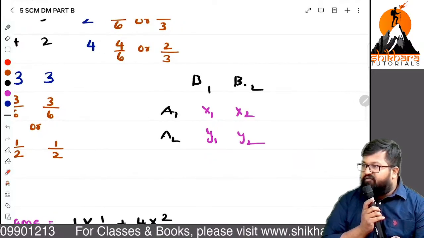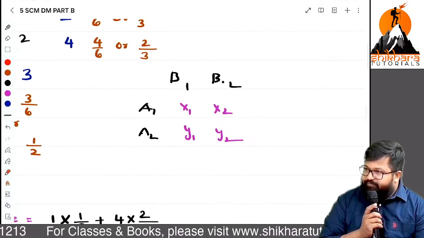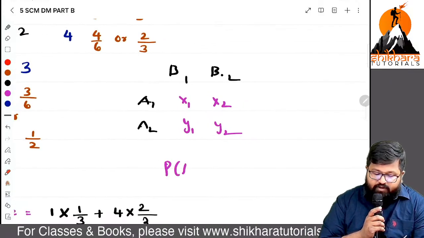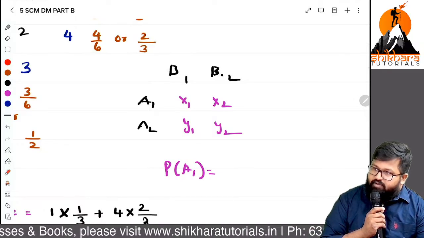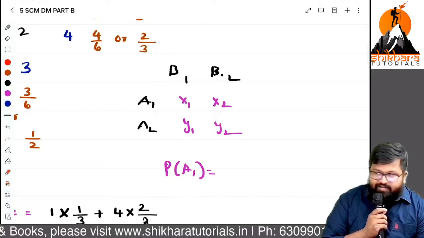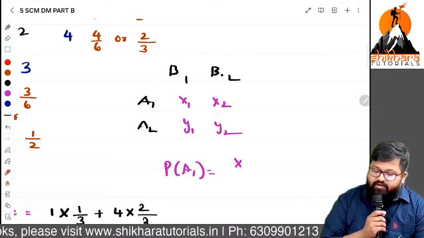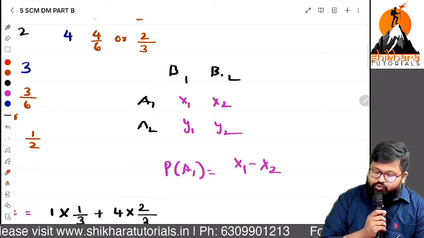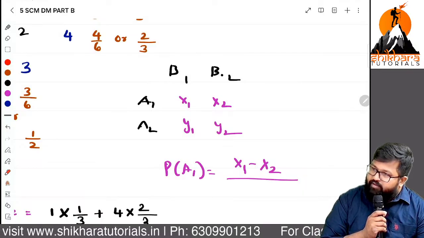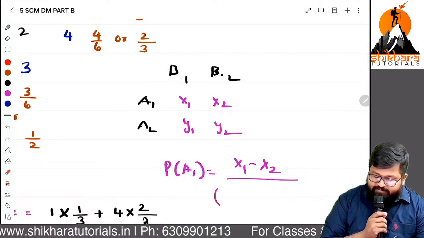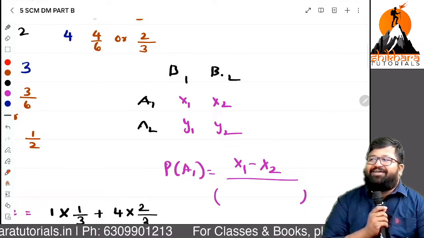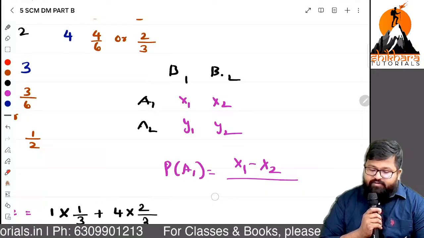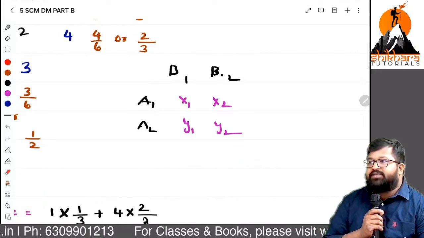Basic formula of probability. That is P of A1. What is the probability of P of A1? X1 minus X2 by... Sir, whatever you have done, I am asking you to tell the same point.